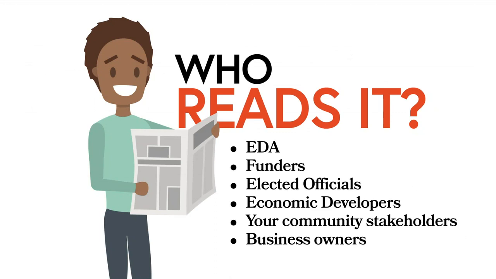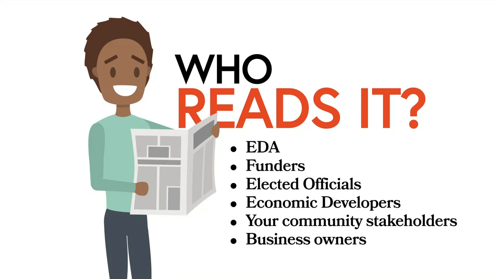Economic developers are going to reference this document, your community stakeholders, and business owners. And as you start at the top of that list and work your way down, the amount of familiarity and knowledge level that people have with that document begins to fade. So at the very top, EDA funders, elected officials even, maybe they have a high level of familiarity and knowledge and expertise with this.